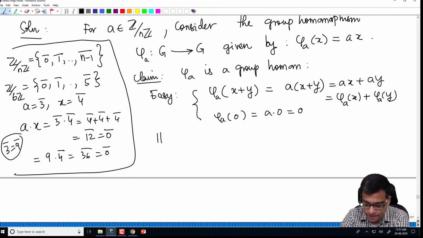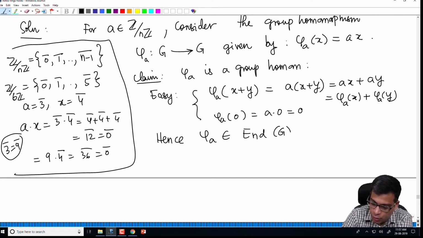That means phi A is in End G. Remember what our notation for End G is?